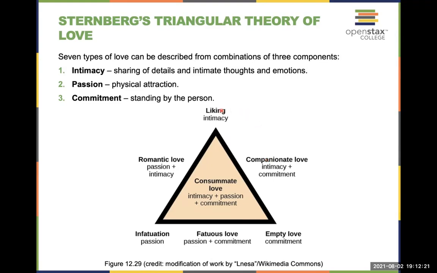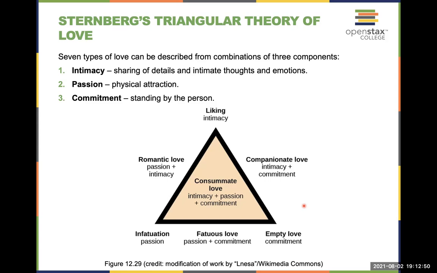Then you have liking, you have infatuation, you have fatuous love, which is passion plus commitment. And then there's empty love, where there's no passion, no intimacy, only commitment. Like we're staying together for the kids would be an example of empty love. And this was Sternberg's triangular theory of love.